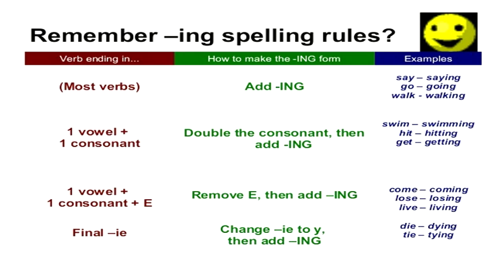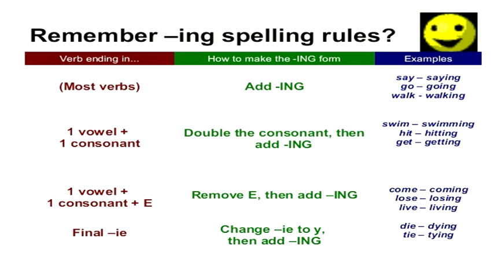Okay? The spelling will be COMING. E will not come. Similarly, lose. LOSE. So when it becomes losing, E will not come. Okay? Similarly, live. When you will add ing, E will not come. So please remember all these rules.